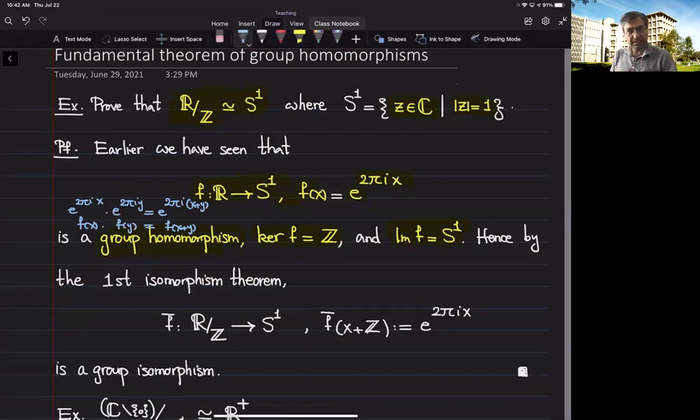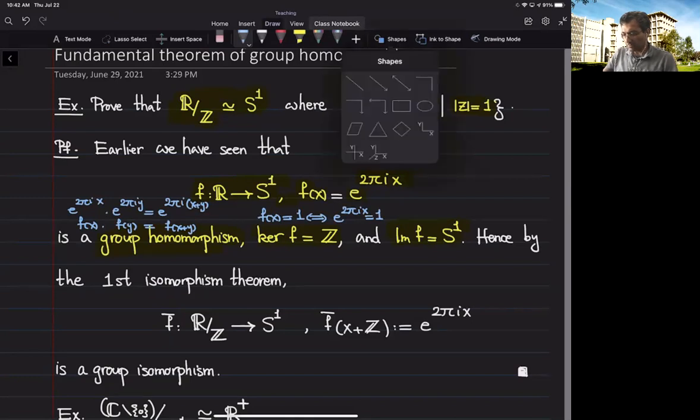So f is a homomorphism. Now let's see why the kernel of f is the set of integers. So suppose f of x is 1. That happens if and only if e to the power 2 pi i x is 1. Remember, e to the power i theta, so let me write it over here.